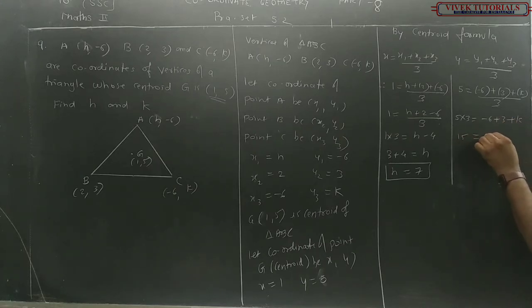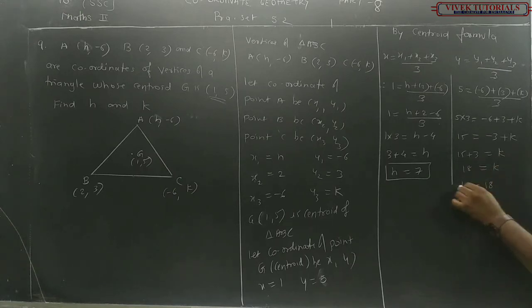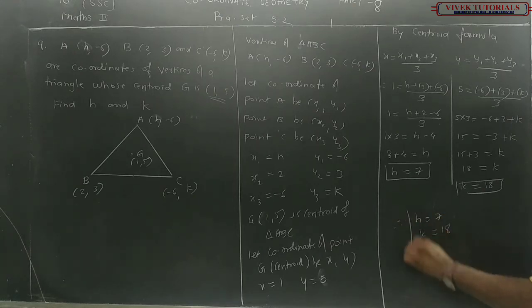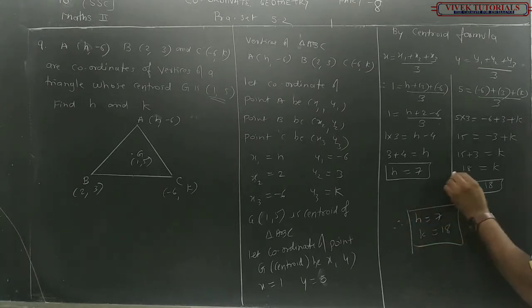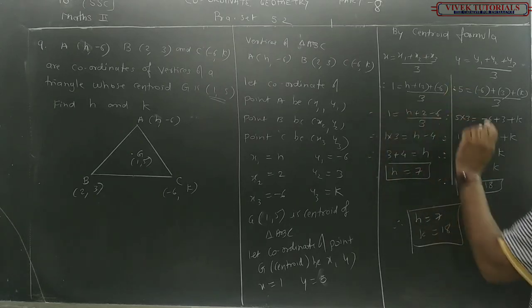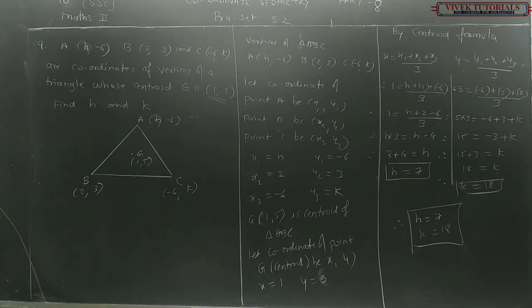So 15 is equal to minus 3 plus k. So 15 plus 3 is equal to k. 18 is equal to k, or k is equal to 18. Therefore, h is equal to 7 and k is equal to 18 is the answer. Put the therefore sign properly and copy down. It is very easy when you apply the centroid formula.